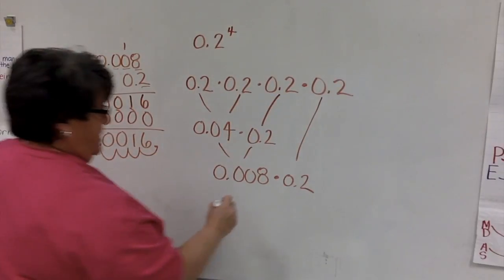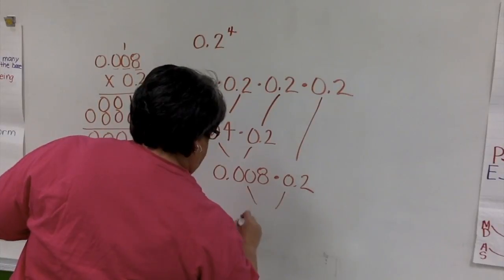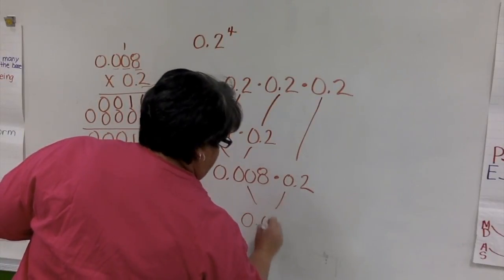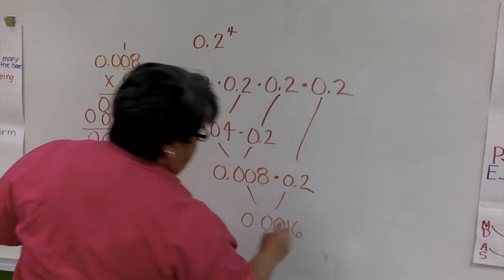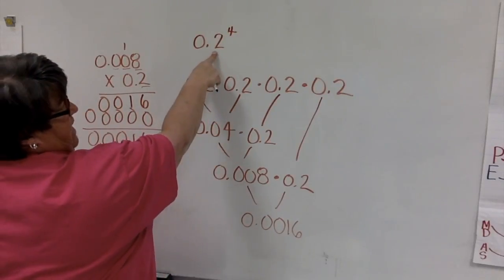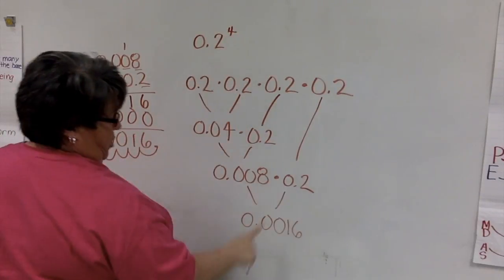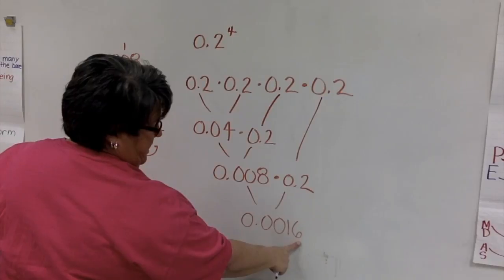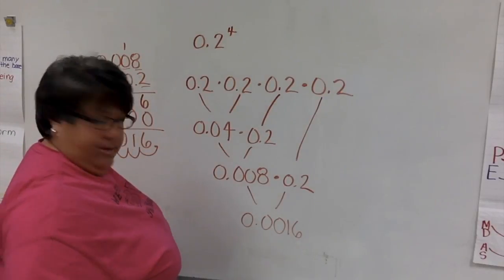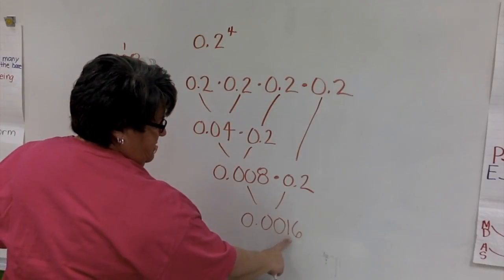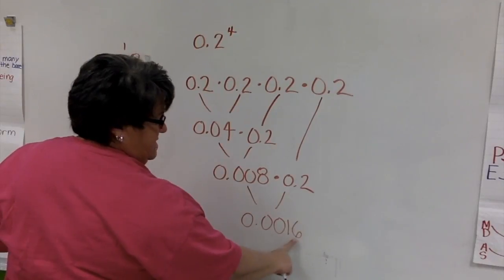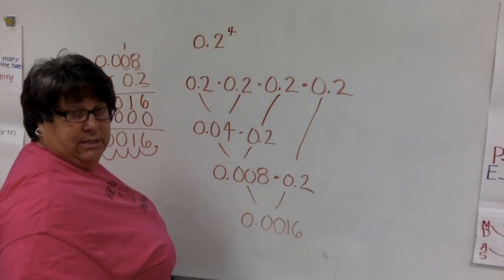So the answer to this is 0.0016. So 2/10 to the power of 4 is 16 10,000ths. Tenths, hundredths, thousandths, 10,000ths. 16 10,000ths.